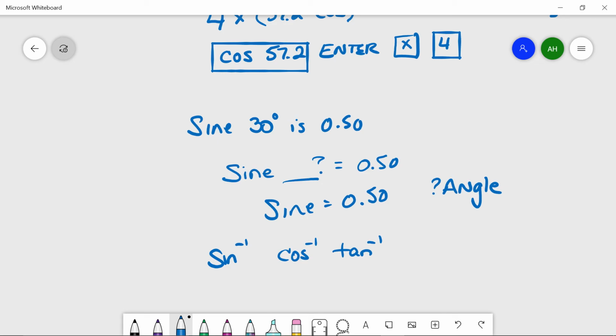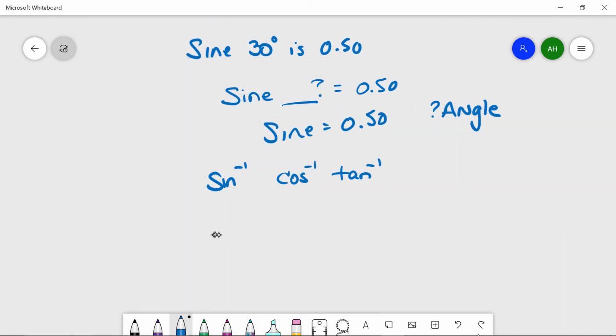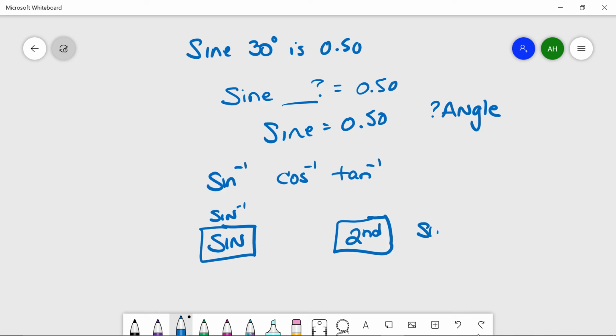On my calculator, I have the sine button, and right above it, it says sine to the -1, in a different color. So in order to get the inverse function, I have to hit a button called second, and then hit the sine button, and that gives me the inverse.